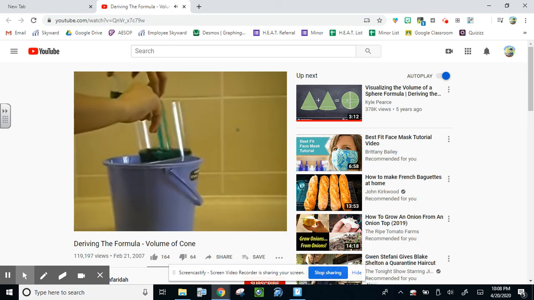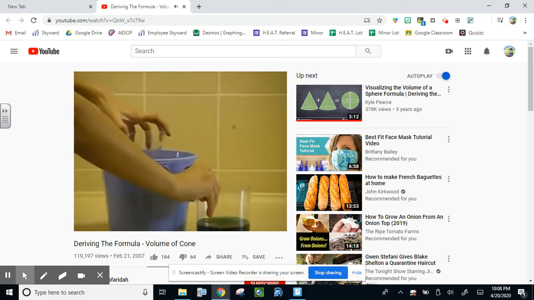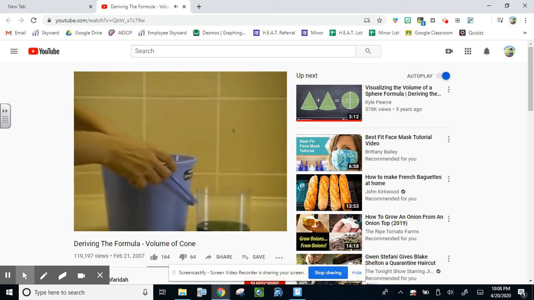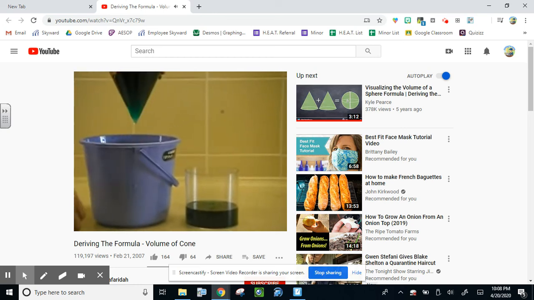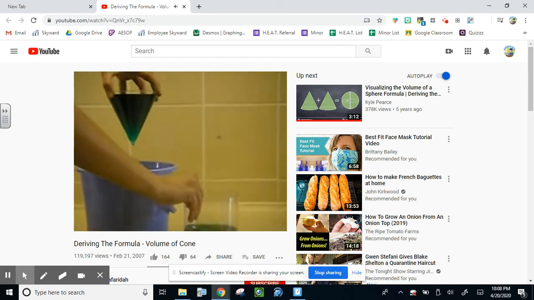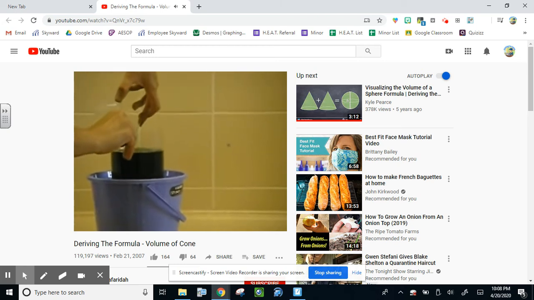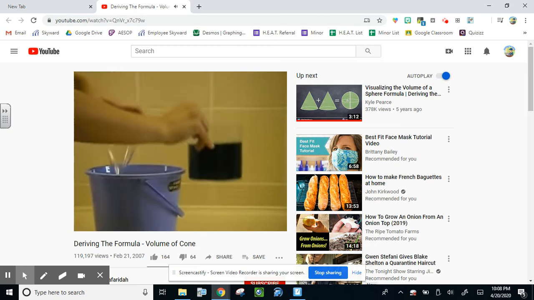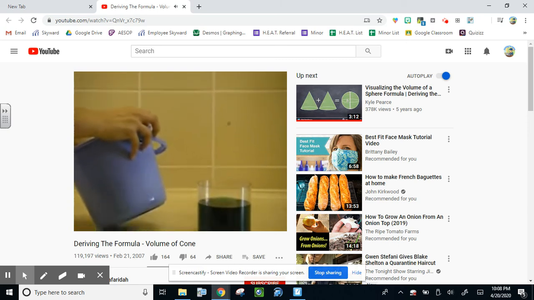We can see that if we fill this cylinder up one time with a cone, we have not quite halfway. It looks like maybe even a fourth of the way up, but maybe not. So now if we fill a second time, we can see that we've exceeded half. So it didn't go only a quarter of the way up, it must have gone about a third of the way up.